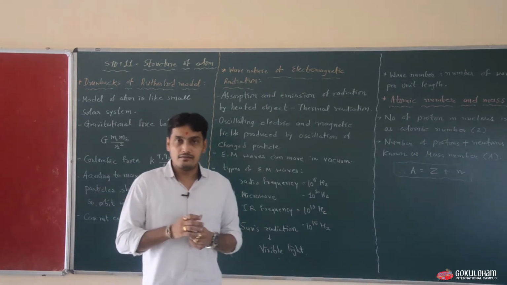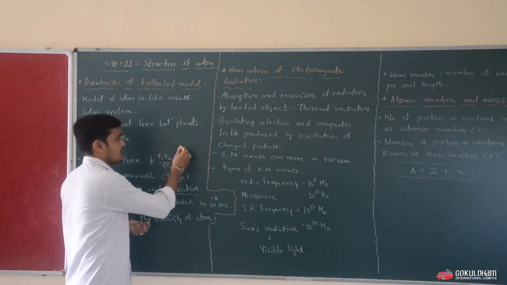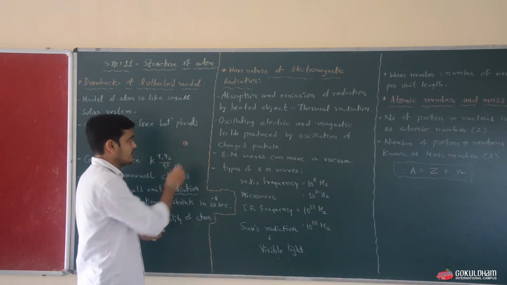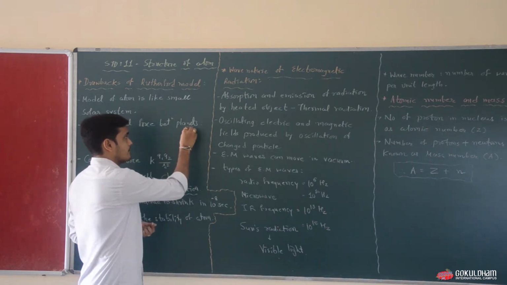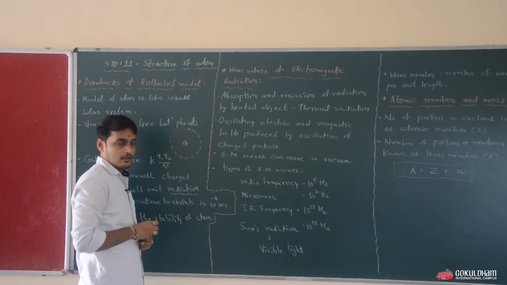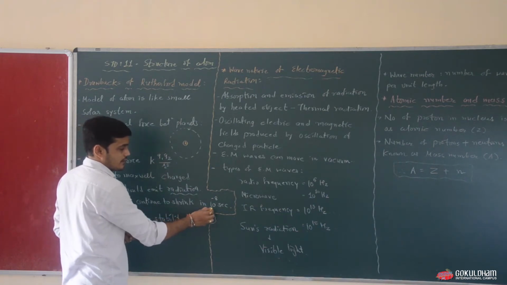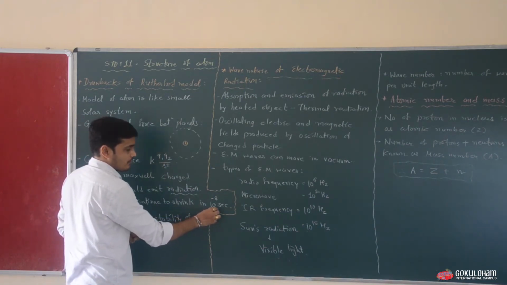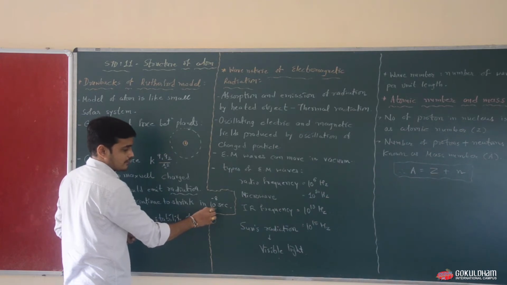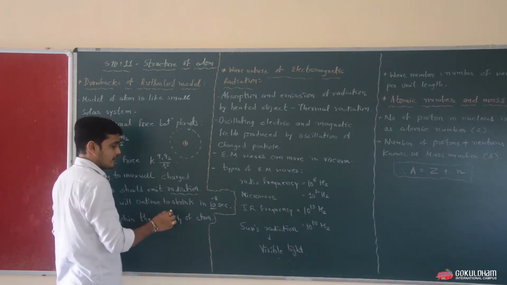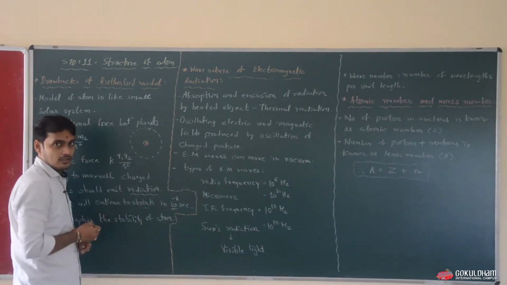Shrink means this is our nucleus, and the electron is moving around the nucleus, but experimental conditions show that in a very short time, 10 raised to minus 8 seconds, the electron will shrink into the nucleus.